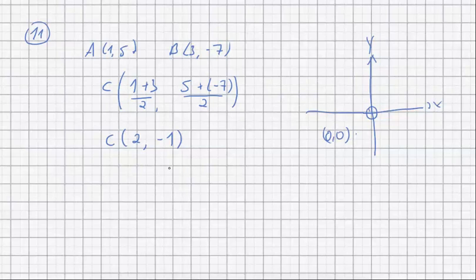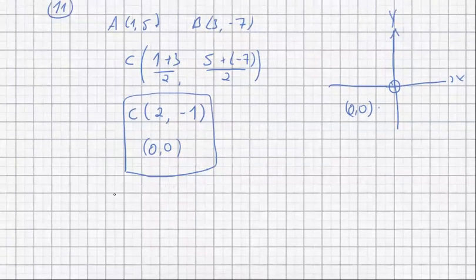So you have 0,0 and 2, minus 1. So you have 2 points, 0,0 and 2, minus 1. And now let's go to the equation of משוואת ישר, and plug it in.